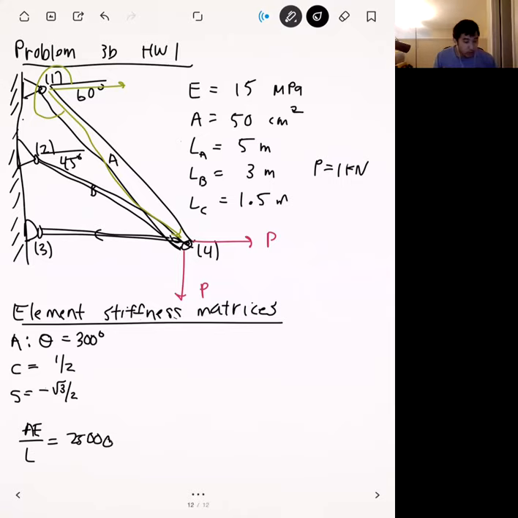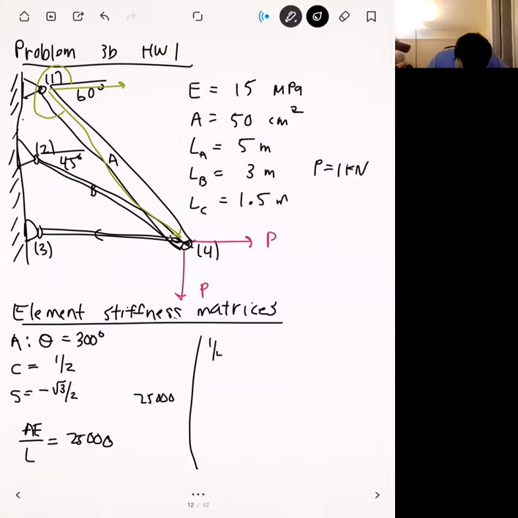With all that in mind, now we're ready to plug this in. Our element stiffness matrix is going to be AE over L, so we have 25,000 out in front, times all those combinations of sines and cosines. Let me go ahead and fill this in, because we are running a little short on time, and I do have to run to another meeting in 20 minutes.